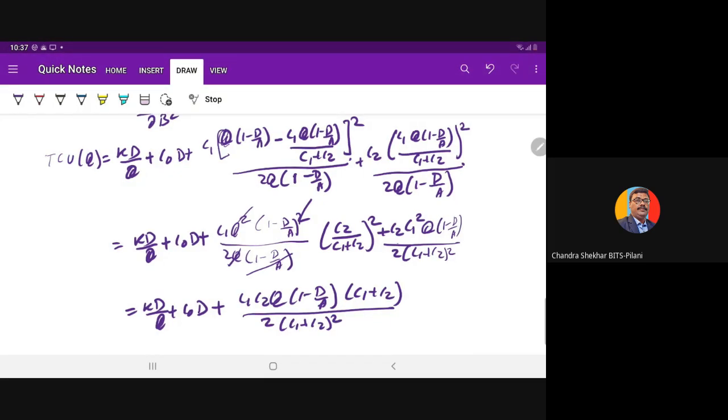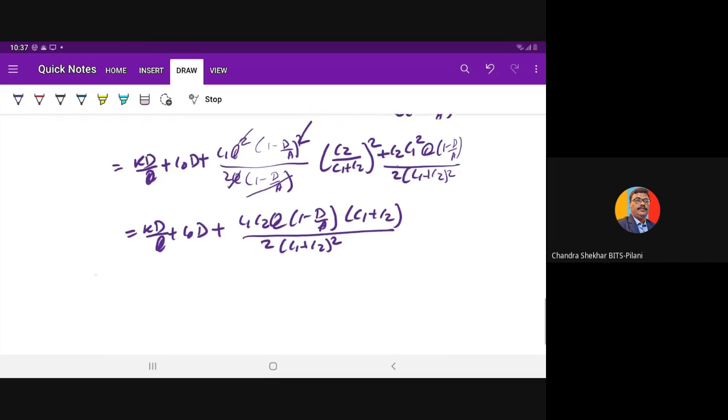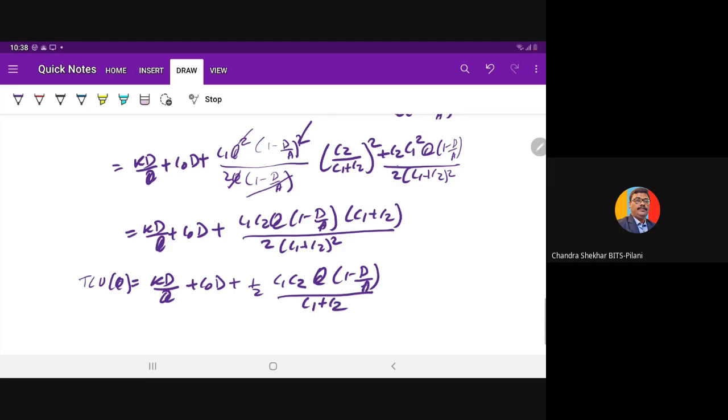So this can be written as TCU(Q) equals KD upon Q plus C naught D plus 1 by 2 C1 C2 Q(1 minus D upon A) upon C1 plus C2. So this will cancel out.